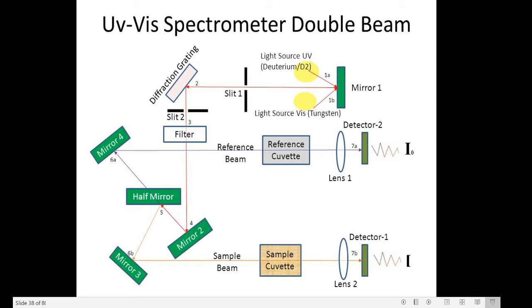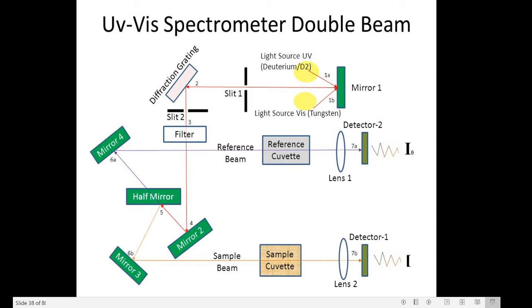It's a very important thing. There is a basic thing they ask as a critical concept. UV is below 400 nanometers. 200 to 400 is the UV wavelength. This 200 to 400 nanometer range is absorbed and recognized by the deuterium lamp.